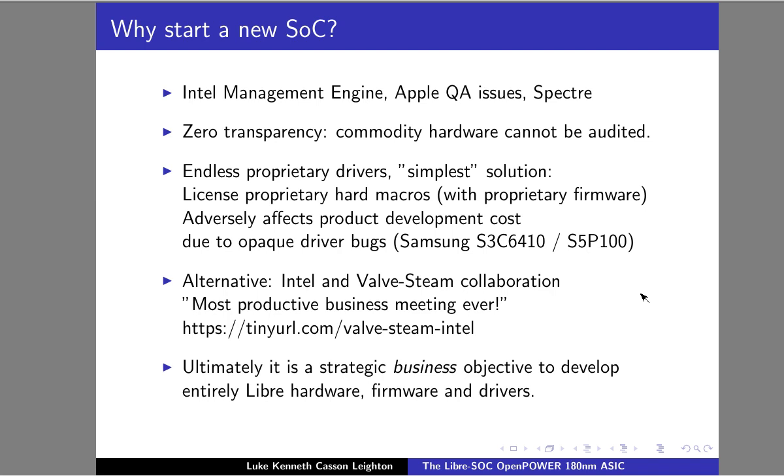You will maybe be familiar with the Intel Management Engine, which is a spying backdoor coprocessor built into every single Intel processor since 2009. Apple actually started their own processor because they were using Intel x86 and found more QA issues in Intel x86 processors than Intel found in its own x86 processors.